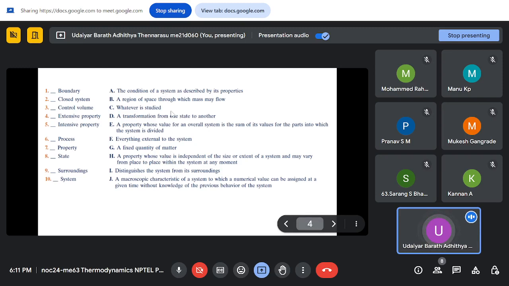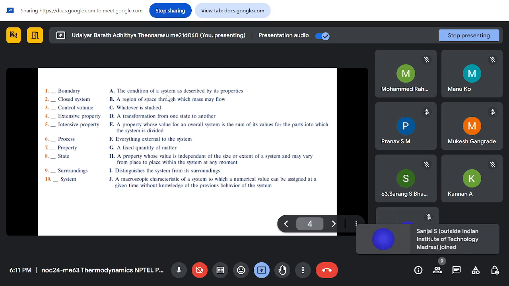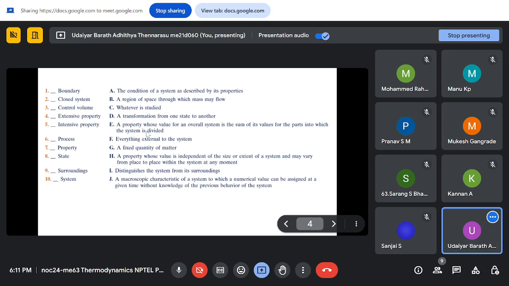So for 2, closed system is G, a fixed quantity of matter.